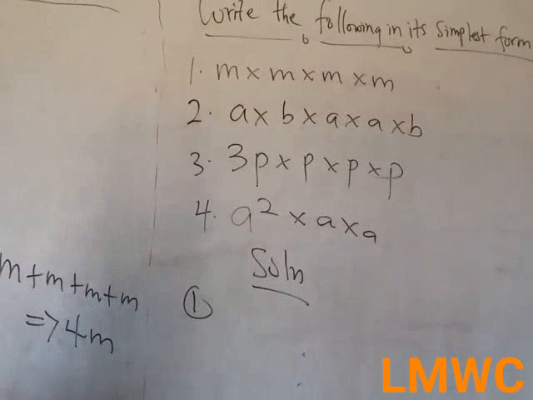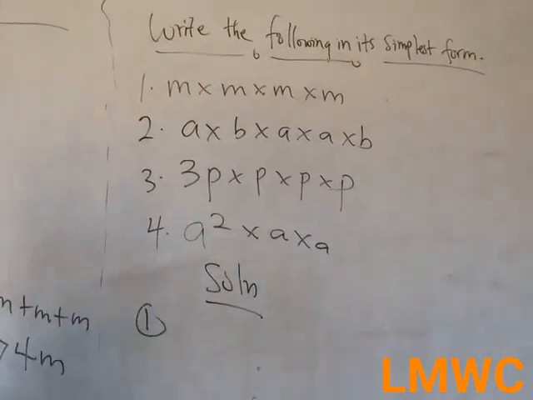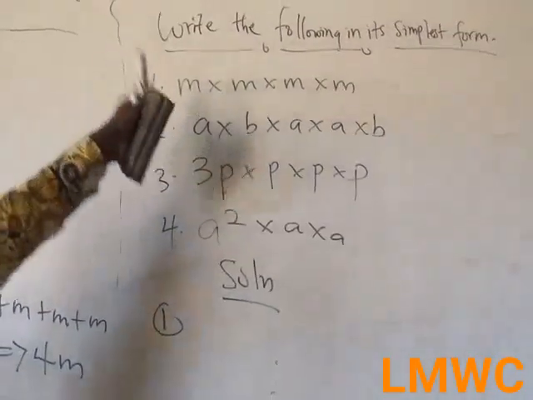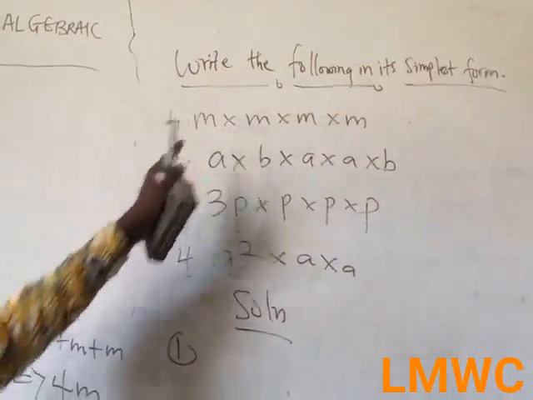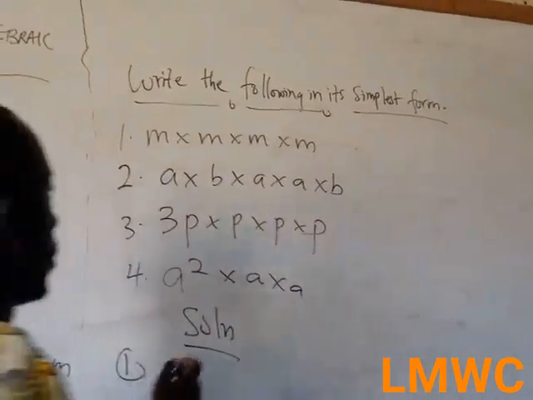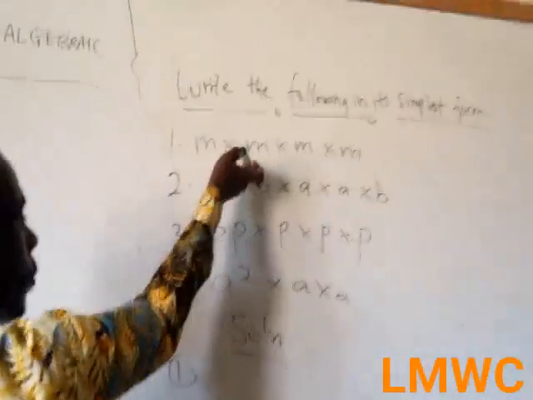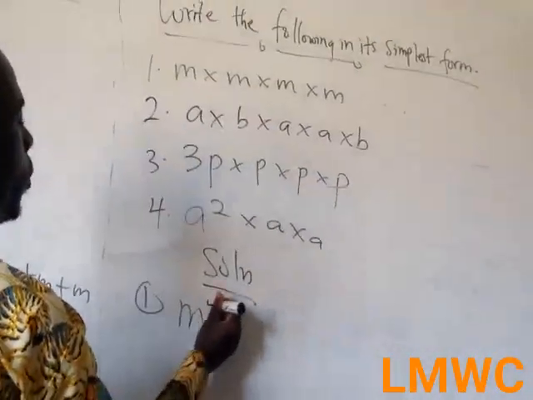But in maths, we do not write the coefficient for a variable, because 1 times the variable is equal to the variable. So m times m times m times m, we have m to the power 4.